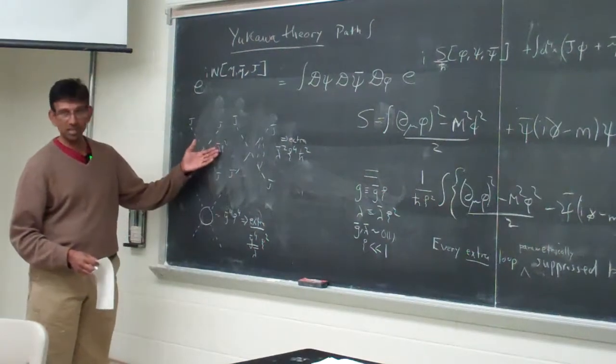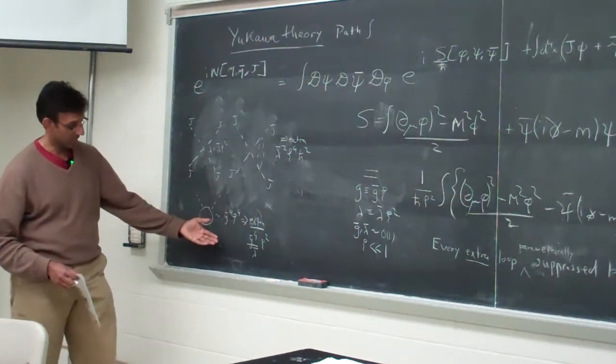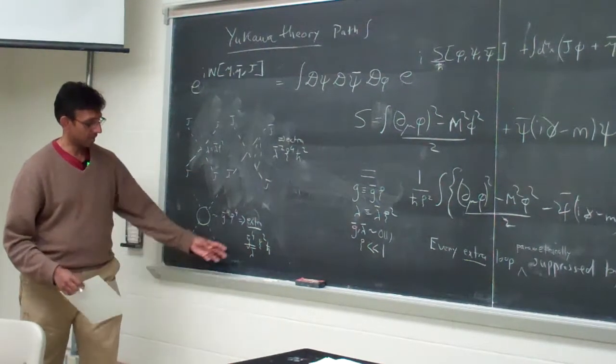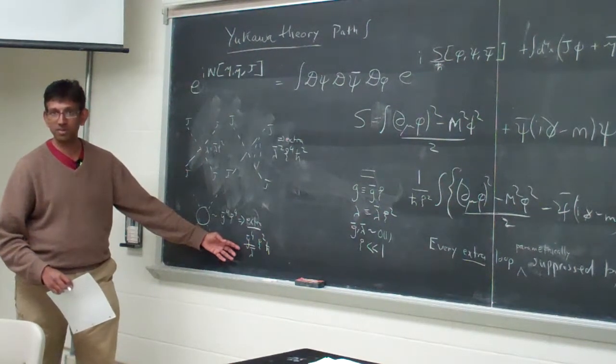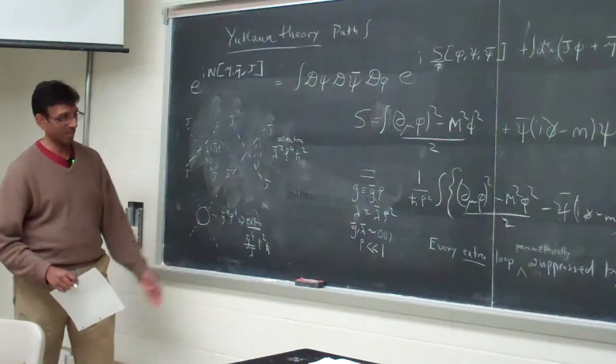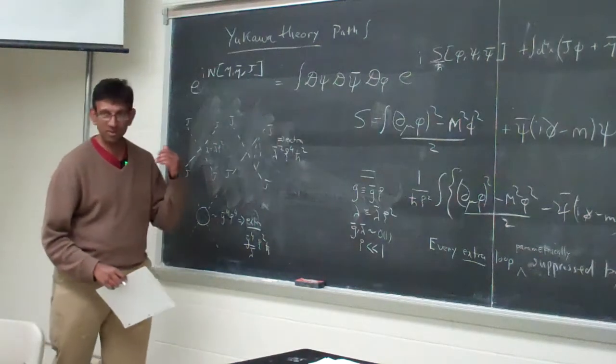So relative to the tree level contribution, it is order c squared, and hence h bar c squared. There's some order 1 ratio of these order 1 couplings there, but I'm just pointing out that every loop comes with extra powers of h bar.